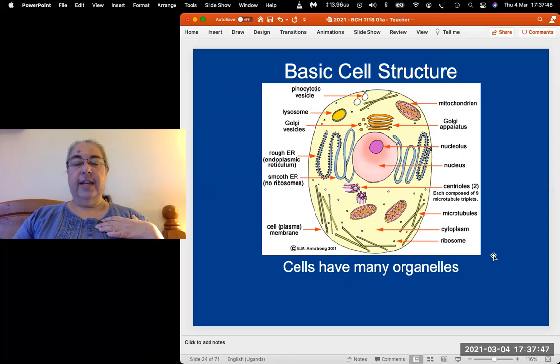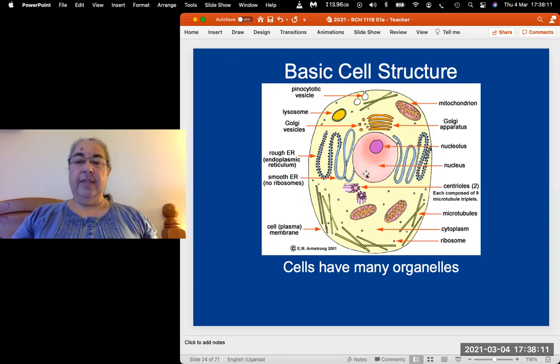So the heart is separate from the liver, which is separate from the lungs, and so on. And each of the organs has its own specific function. Well, in the same way, each of the organelles within a cell are separate and distinct from each other, and each has their own function in making the cell work.